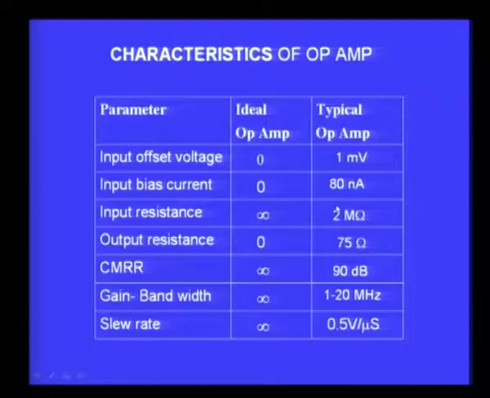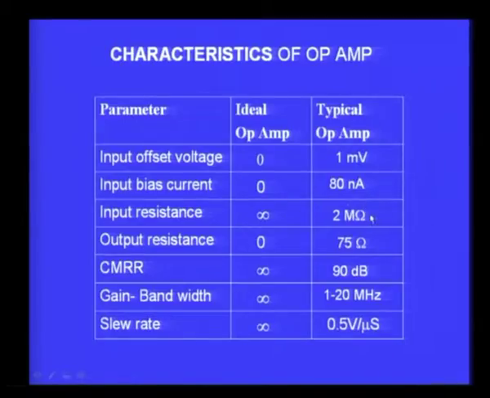But if you look at the situation corresponding to 741, the input resistance is around 2 megohm, 10 power 6 is megohm. So, 2 into 10 power 6 ohms is the actual typical value of the input resistance in the case of operational amplifier 741.